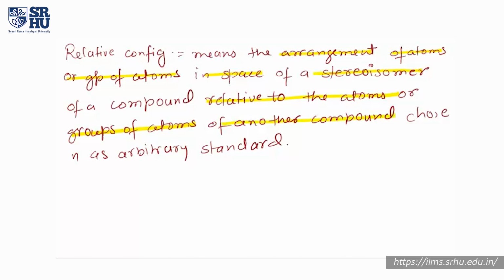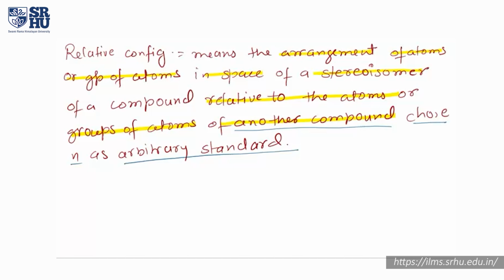It means we are not presenting the configuration on the basis of how the atoms are actually present, but on the other hand we are presenting configuration with respect to another compound which has been chosen as an arbitrary standard. So there is a standard.